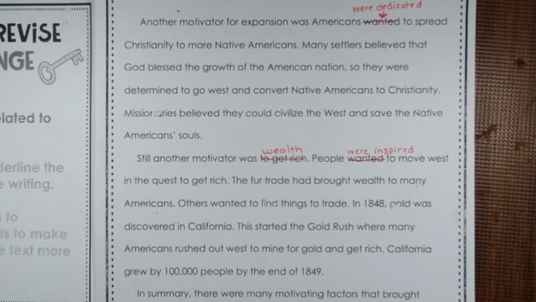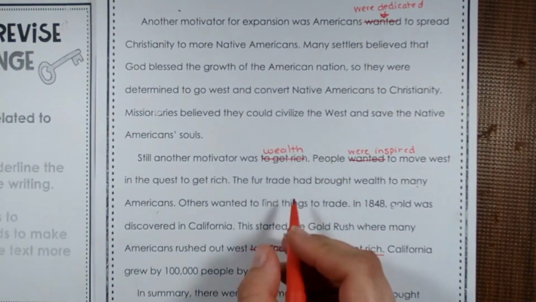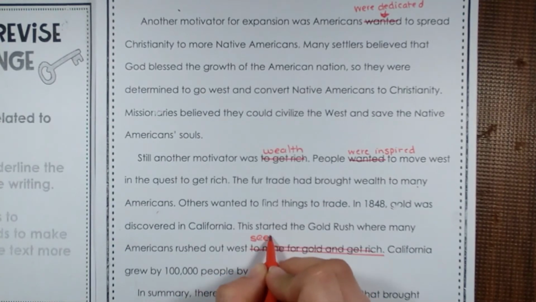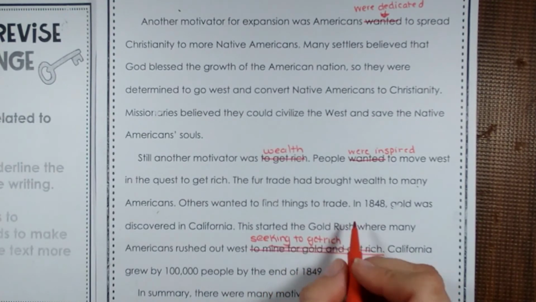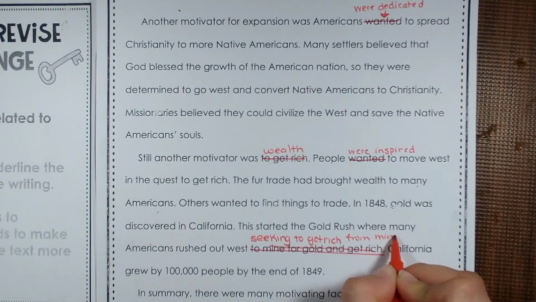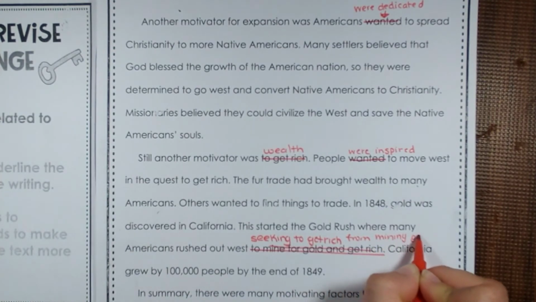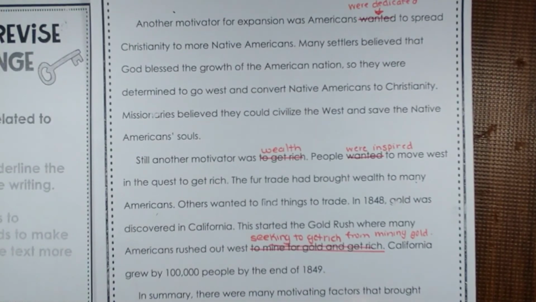They rushed out west seeking to get rich from mining gold. Okay. I'm going to rewrite that: seeking to get rich from mining gold. Okay. California grew by 1,000 people by the end of 1849.